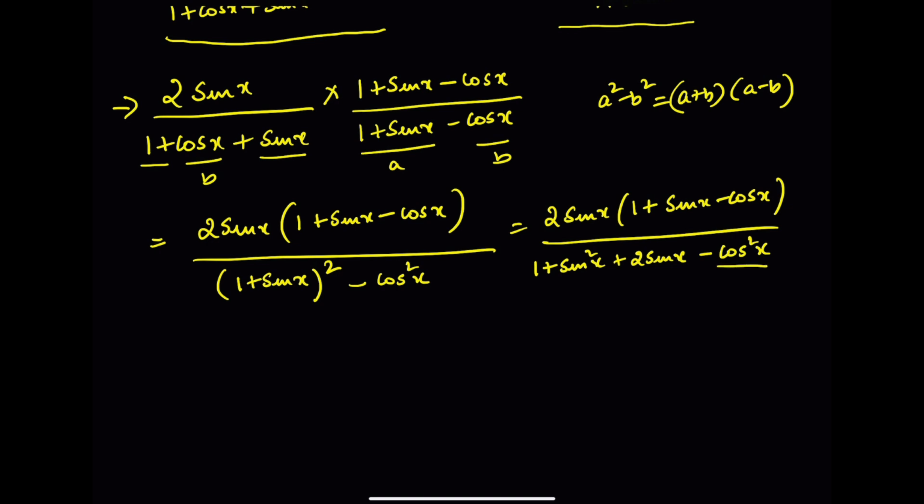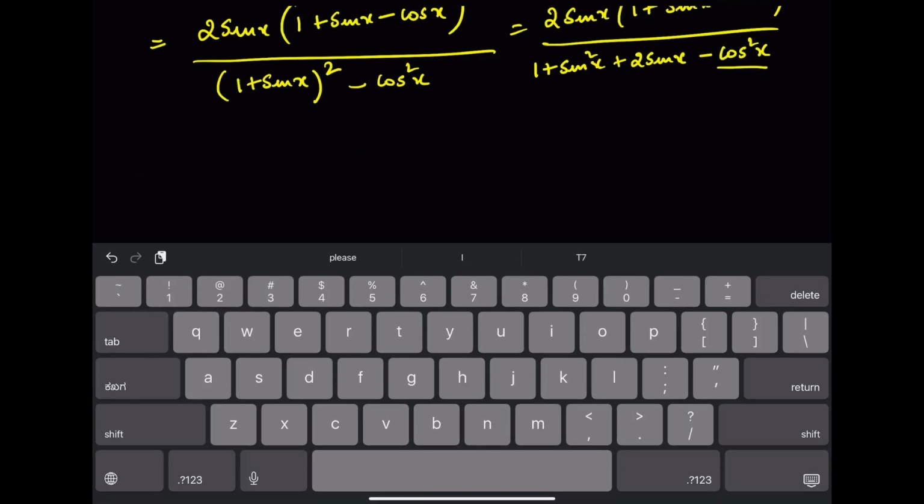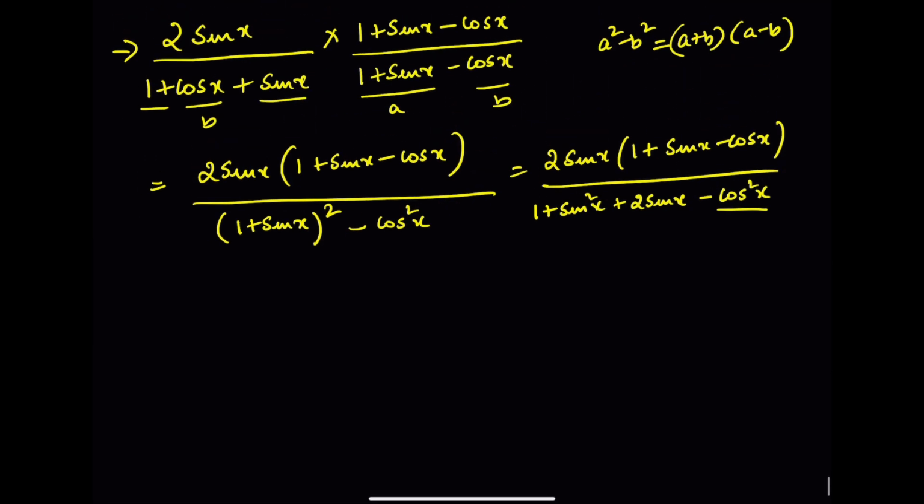Now cos square x can be again changed to sine square x by applying the trigonometric identity. What is that trigonometric identity? It is cos square x plus sine square x is equal to 1. So cos square x is 1 minus sine square x.